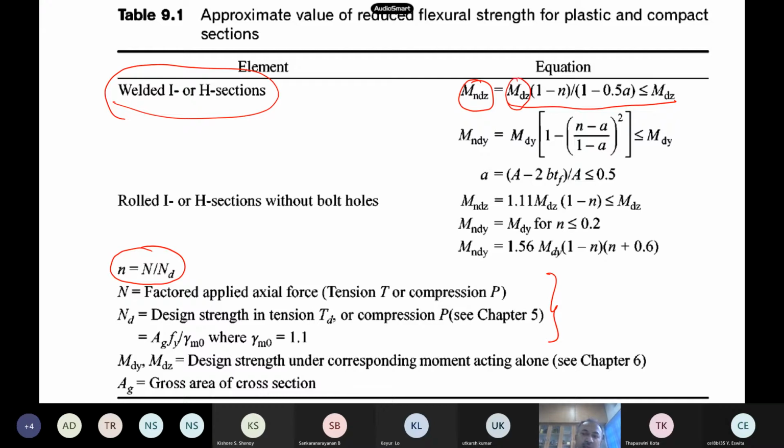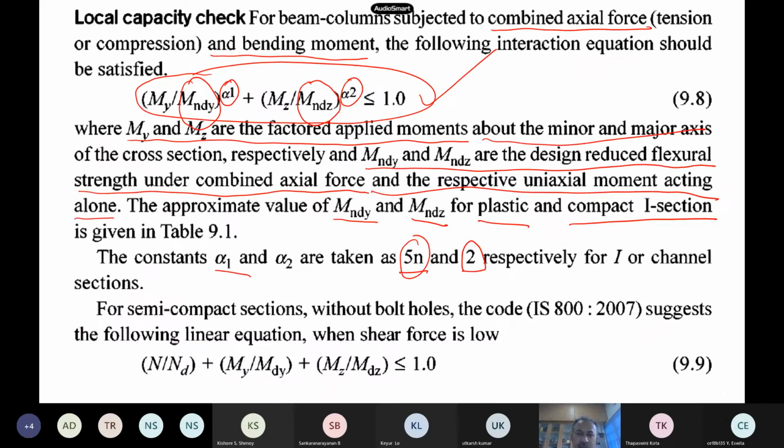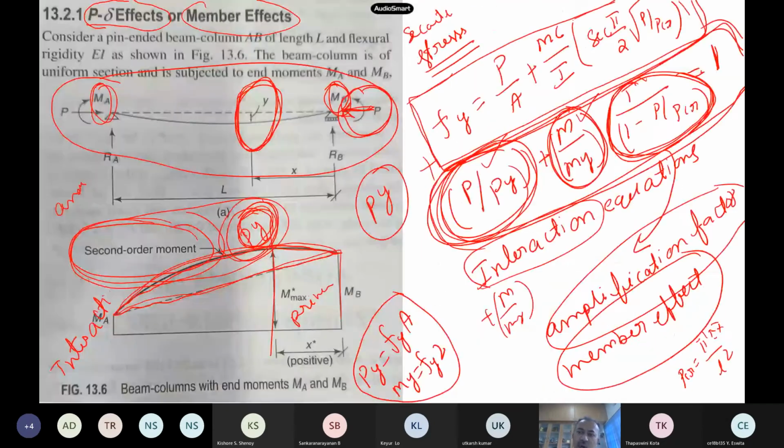Now Mdz and Mdy are nothing but the design strengths under the corresponding moment acting alone. We have already calculated these for beams. So whatever you did for the beam's bending moment capacity, use those formulas and write Mdy and Mdz. And this is like a correction factor. As I already told you, the correction factor or amplification factor, we have seen here. In this expression, what did we have?